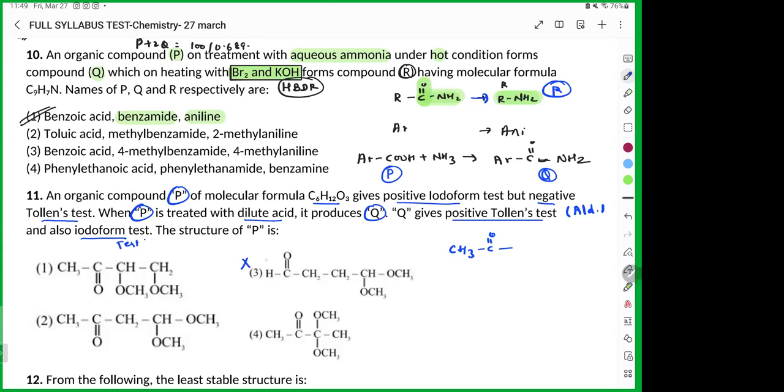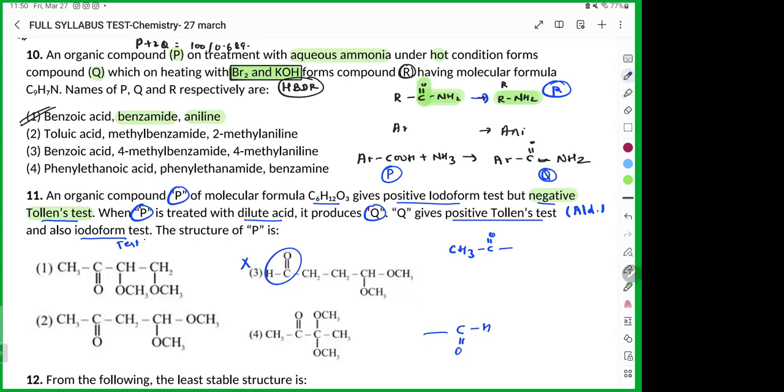Why? Because the Tollens test is for aldehyde and it is saying negative. At least C is not possible. Any doubt? Now it is saying once it reacts with the dilute acid, it gives both the Tollens test and the iodoform test. It means it must have at least this. So which of these compounds can give the same thing?